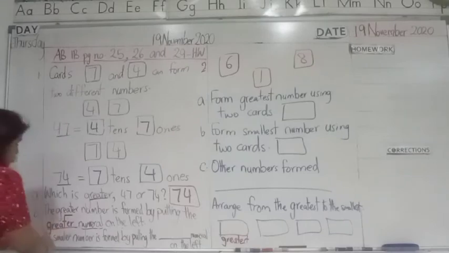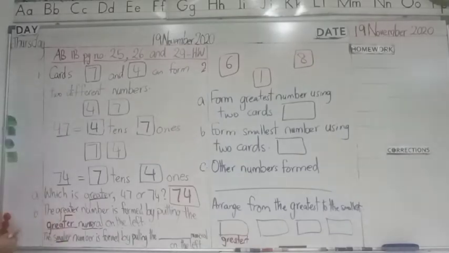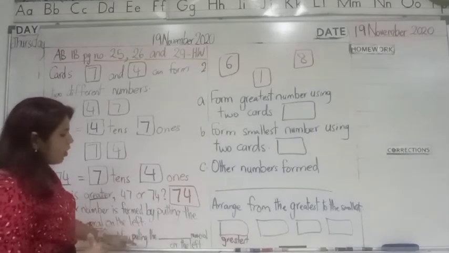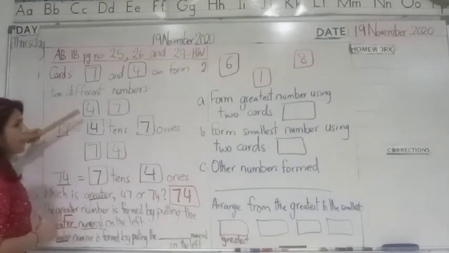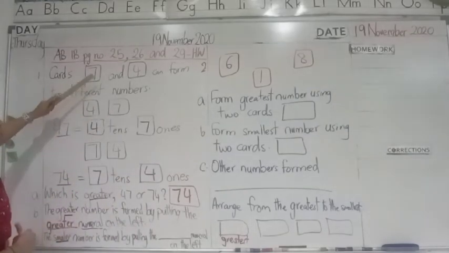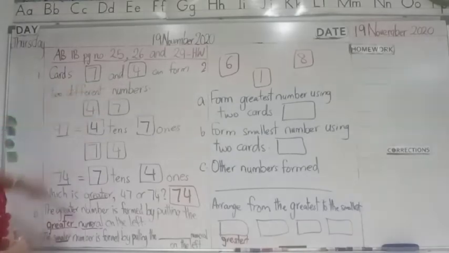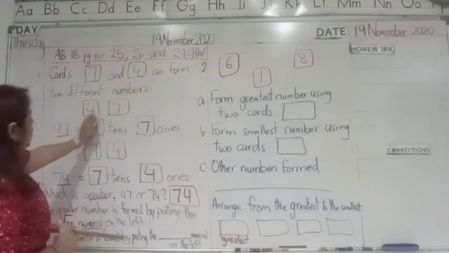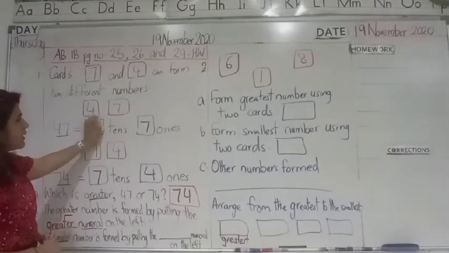To form a smaller number, you should put the smaller numeral on the left. For example, 47. When you have the 7 and 4 card and you want a smaller number, 4 is the smaller number, so you put the smaller number on your left hand side like this.